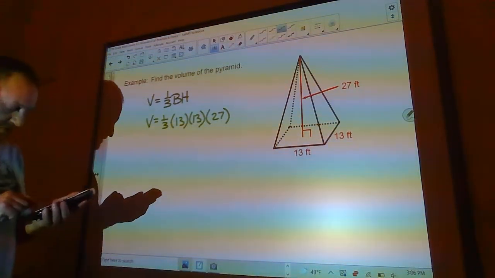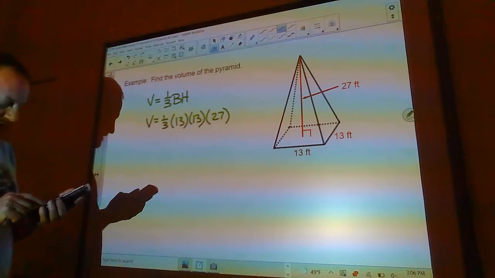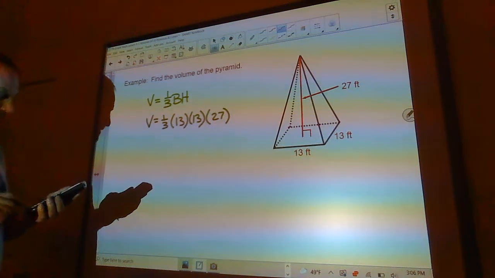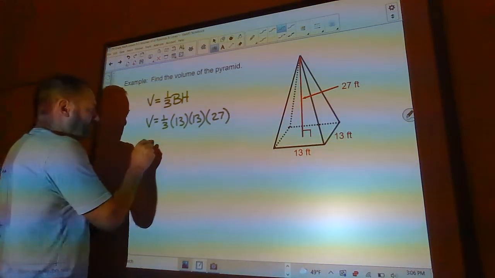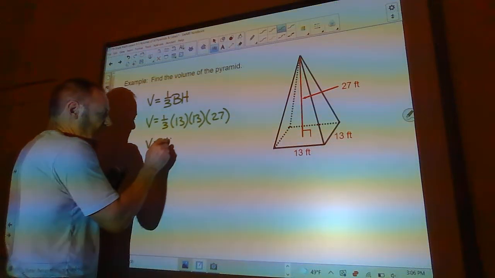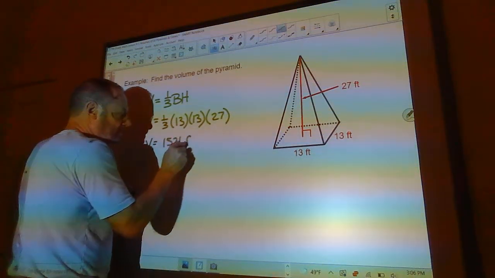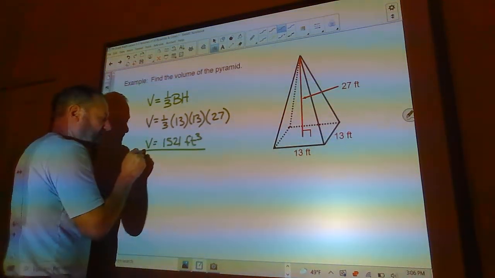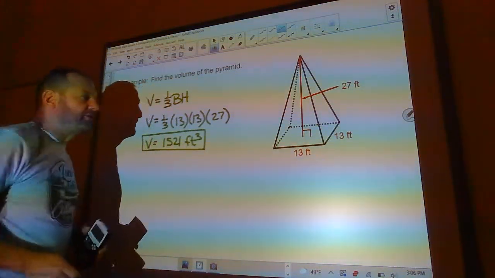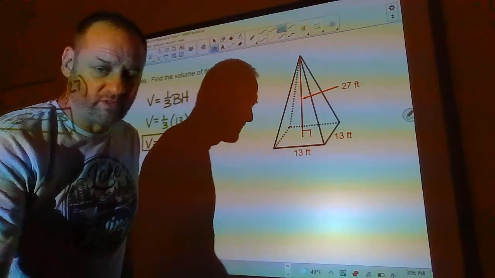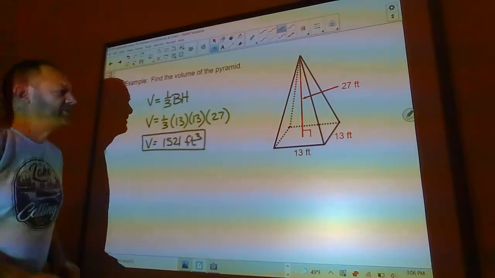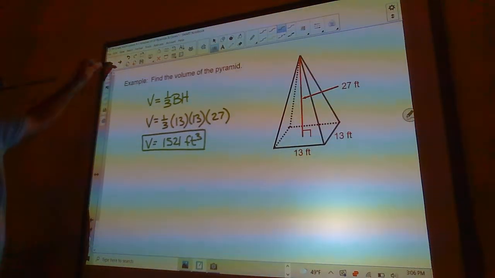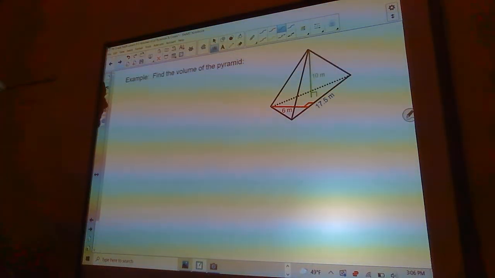So 13 times 13 times 27 divided by 3 comes out to be 1,521 cubic feet. This is not difficult to do at all. I told you the volume is much easier to do than surface area. It's a lot less busy work.